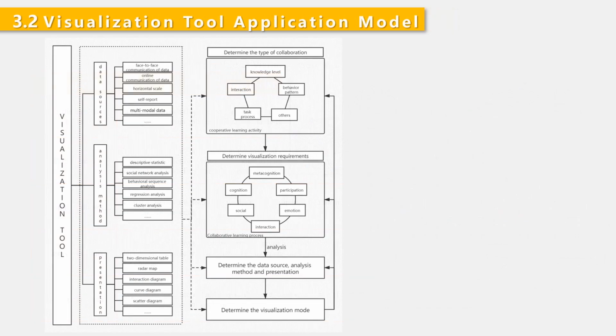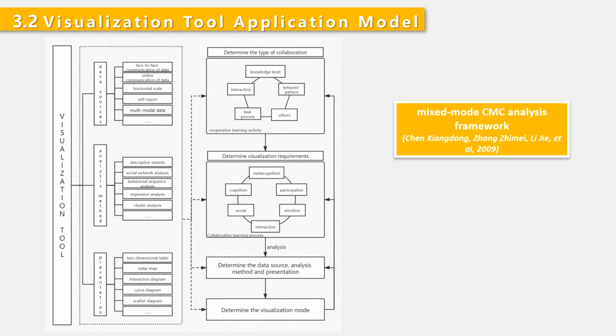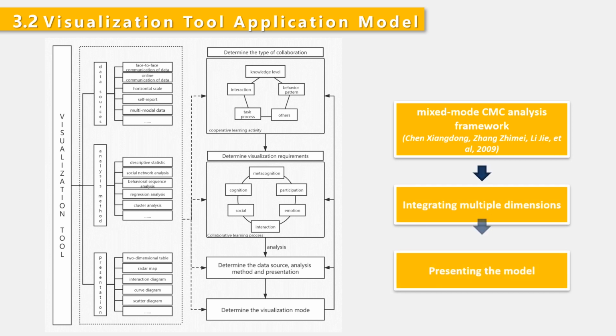Referring to a mixed-mode CMC analysis framework proposed by Chen Xiangdong, this study attempts to integrate multiple dimensions of visualization approaches and proposed a model for the application of visualization tools, which can accurately select the most appropriate visualization approach for a particular collaborative learning classroom.